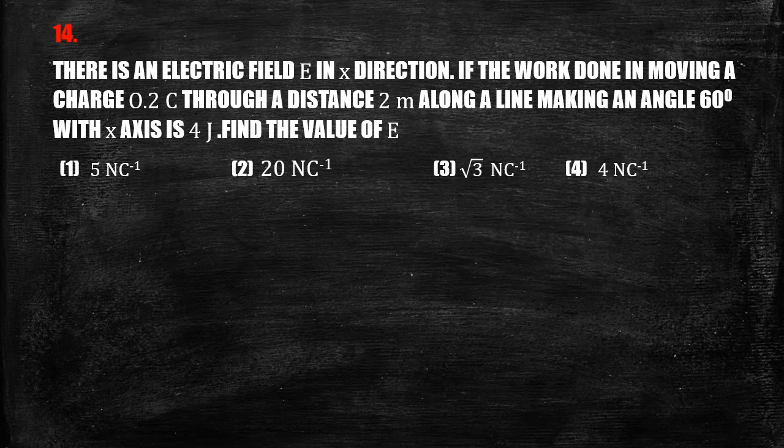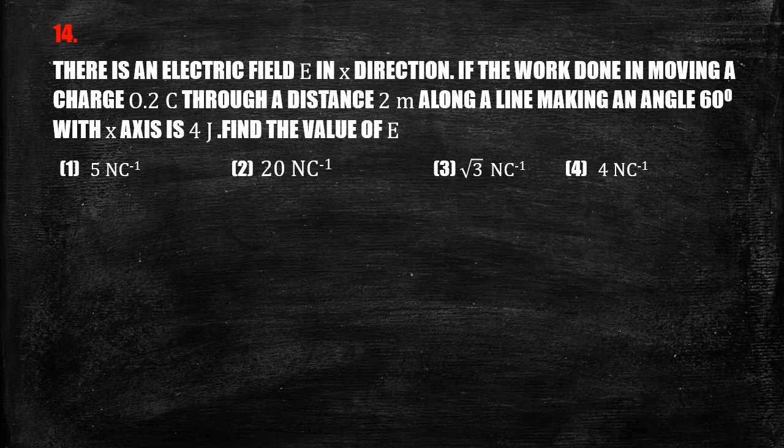Question number 14. There is an electric field E in the x direction. The work done in moving a charge 0.2 Coulomb through a distance 2 meter along a line making an angle 60 degree with the x-axis is 4 joule, and the value of E is? So let's draw a figure.